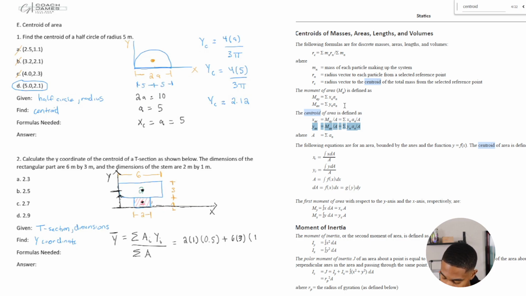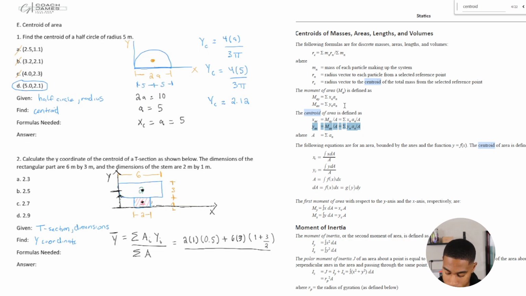So it's going to be 3 divided by 2. Okay. All right. So now we should have all of our sum. We have all the top portion of this equation.